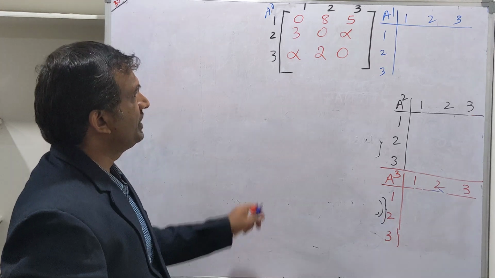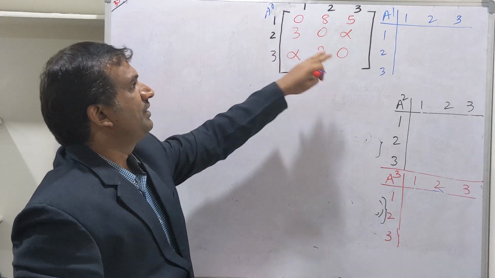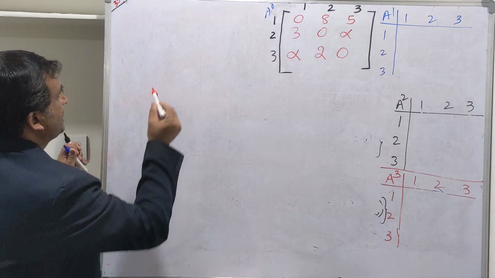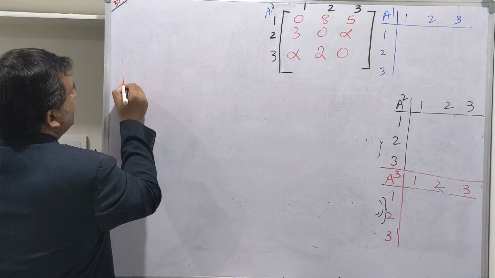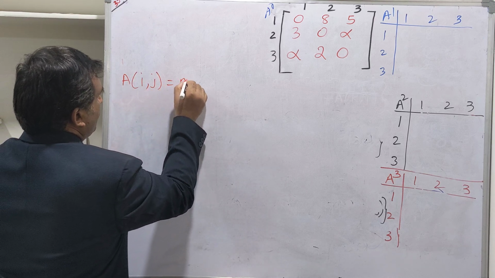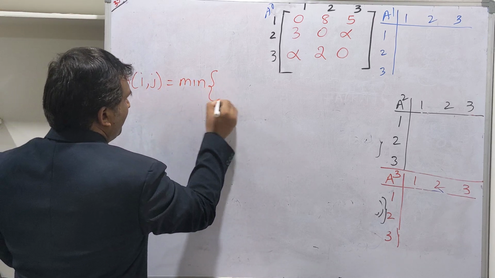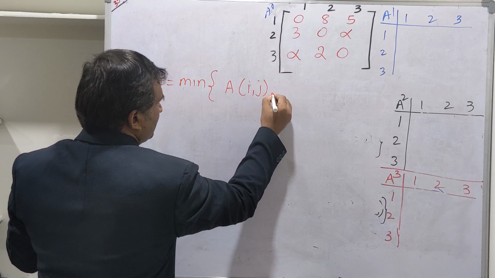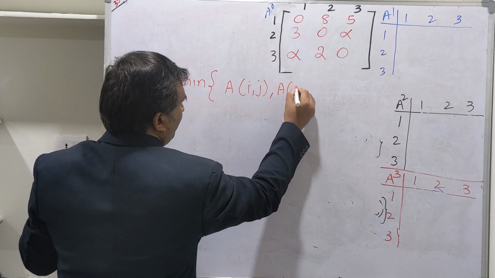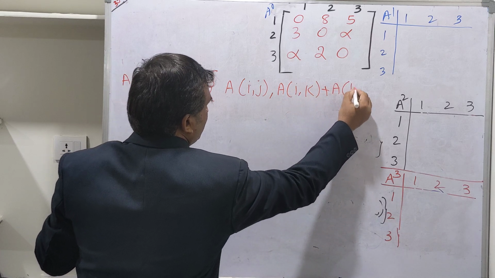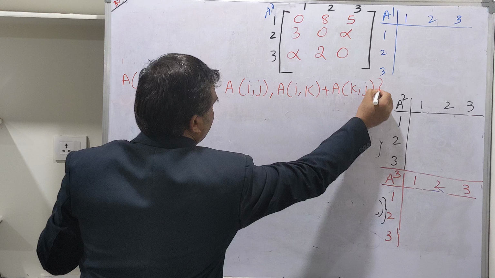So what we do is, initially we want to calculate the principle of optimality equation, which is nothing but A of i, j is equal to minimum of A of i, j, and A of i, k plus A of k, j.